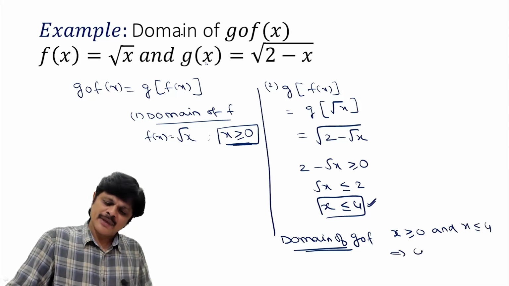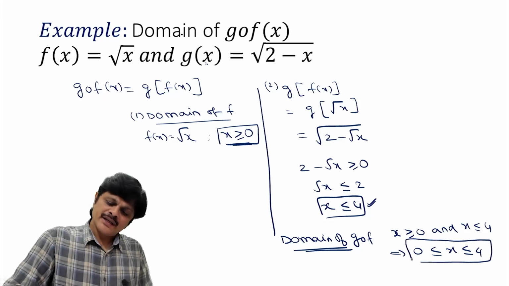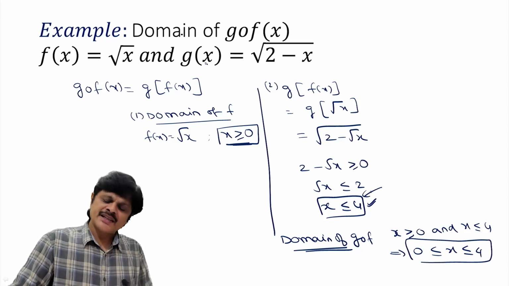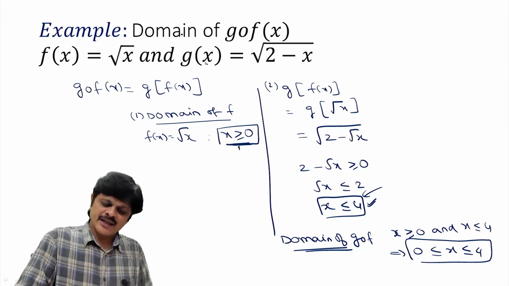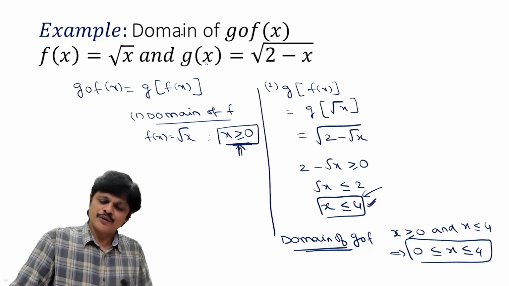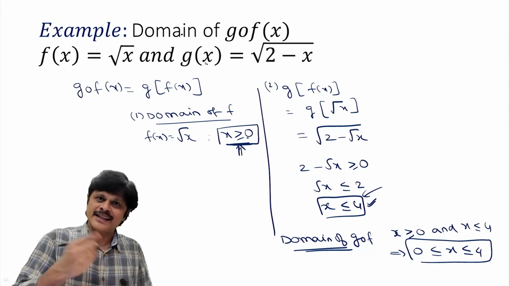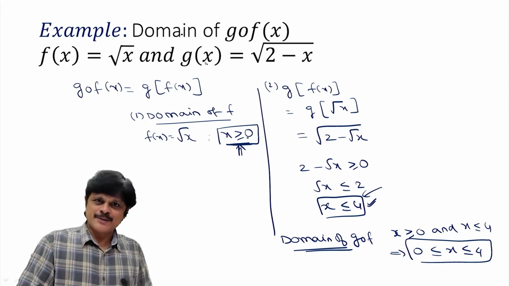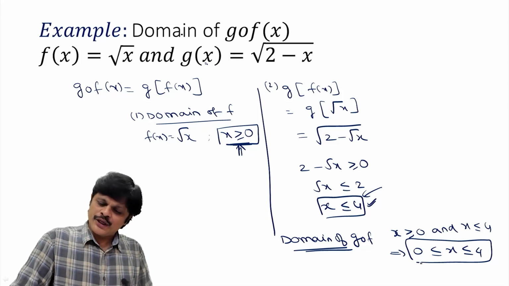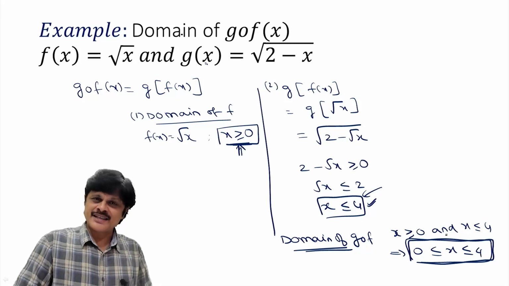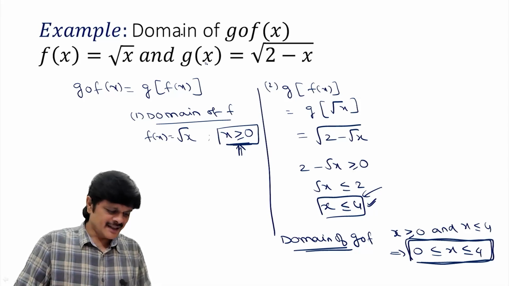That is combinedly 0 less than or equal to x less than or equal to 4. So generally what people do is they take this as domain, but they miss this particular part. We should include both. Okay, because when this is defined, then only g circle f is possible. Okay, so you need to combine these two. So this is domain of g circle f.